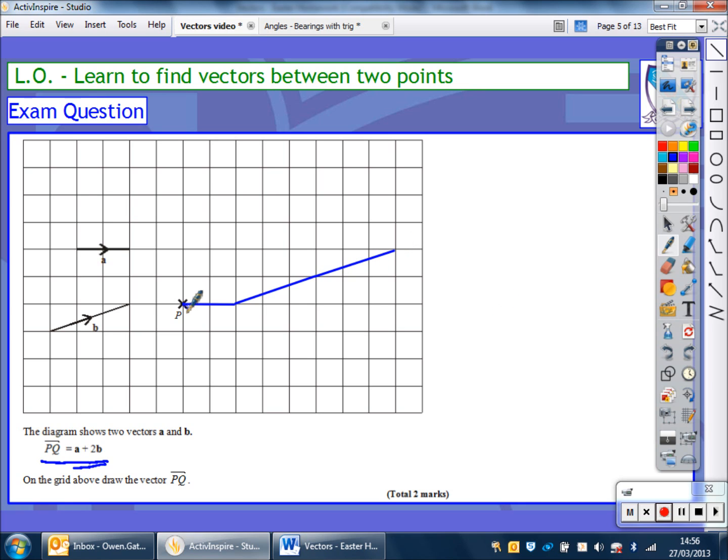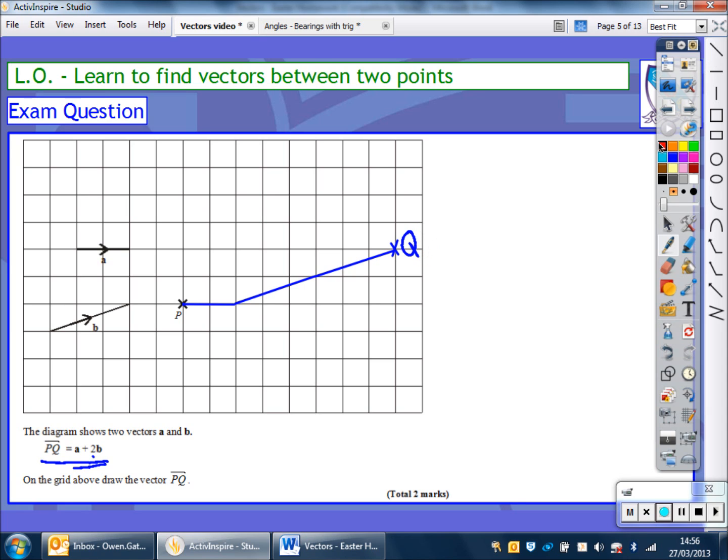So altogether, that P is going 2 to the right and 1, 2, 3, 4, 5, 6 squares across and 2 squares up, because it's 2 times what we know B is. So that's where the point Q would be.